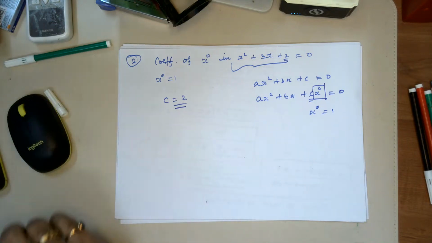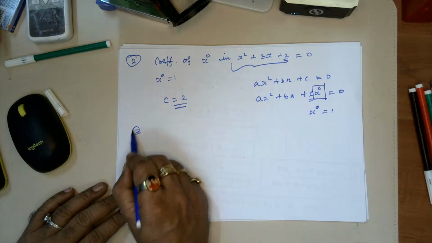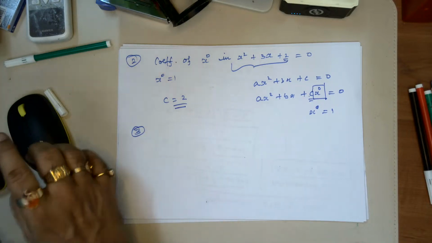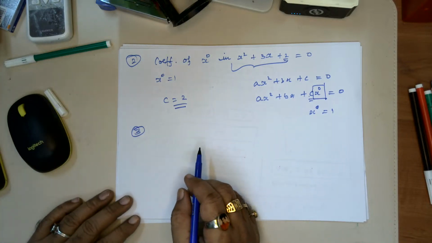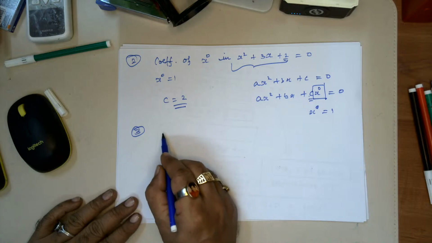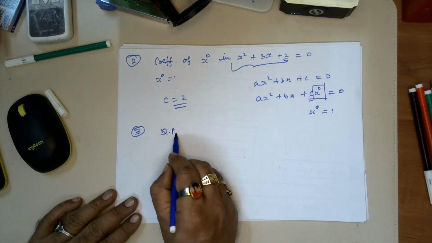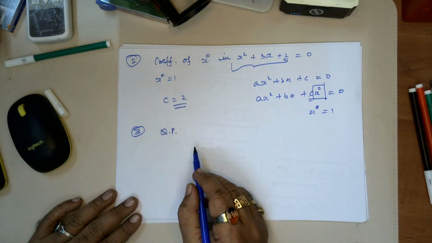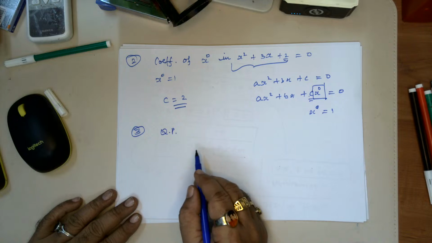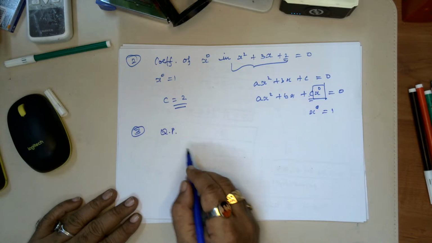Got it? Now let us move to the third sum. Find a quadratic polynomial, so you have to establish the quadratic polynomial, given the sum and the product of its zeros.